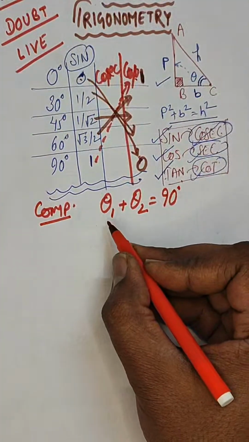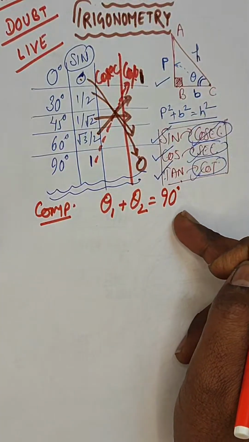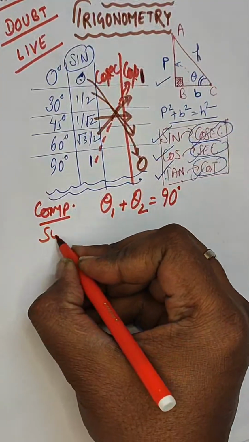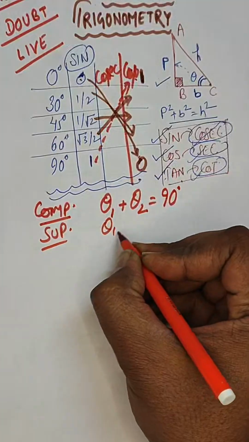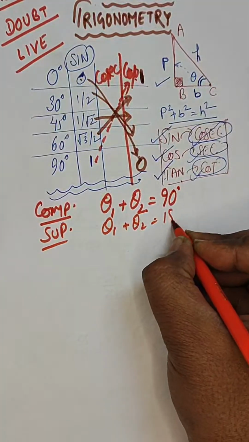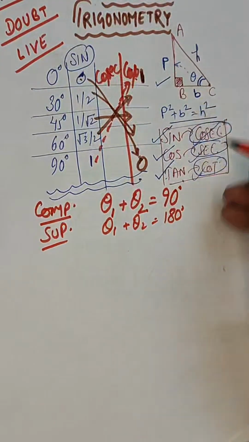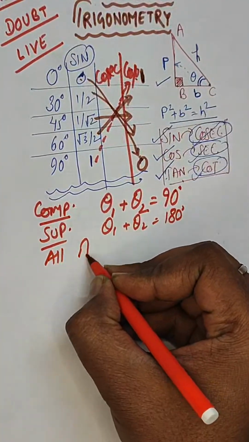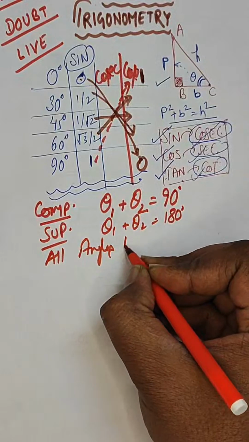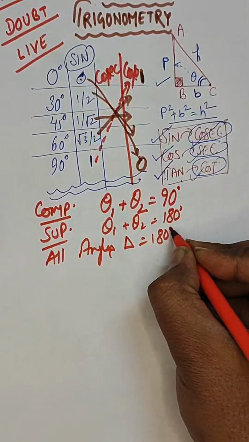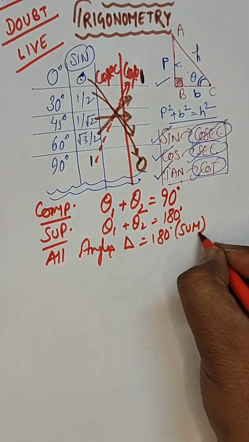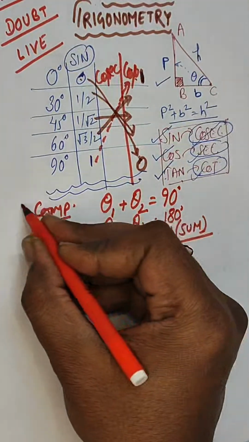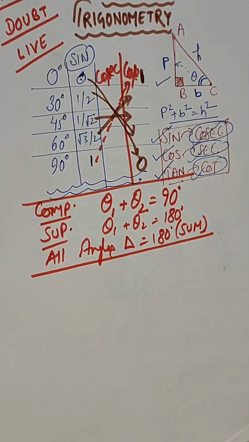For supplementary, it comes as 180 degrees. And also remember that the sum of all angles of a triangle is equal to 180 degrees. These three things you also need to remember.